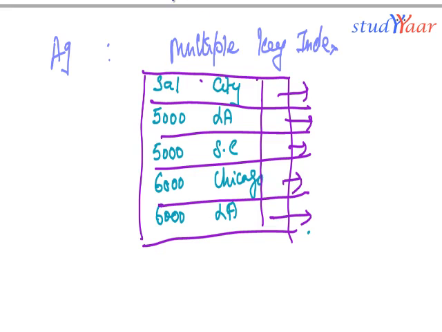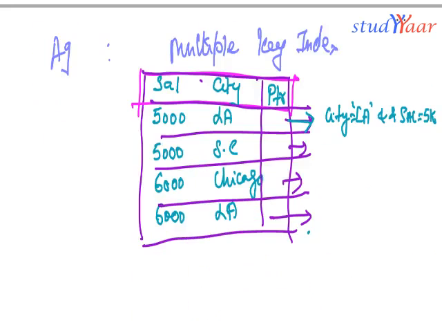I'm just going to write out that this is my pointer column. So where does this point to? This points to all the records where city is equal to LA and salary is equal to 5,000.